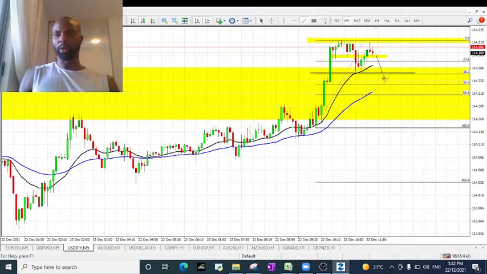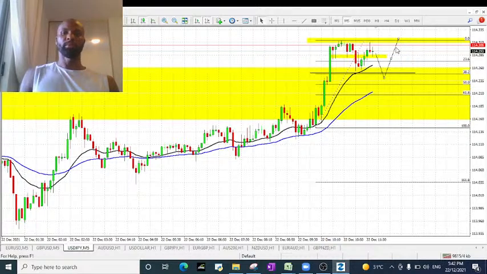If price comes all the way down here, the probability of price coming back up all the way in the next 15 minutes and closing here is quite slim. So if price is gonna come down here, I want to be out. That's fine. I take a small loss and I move on.